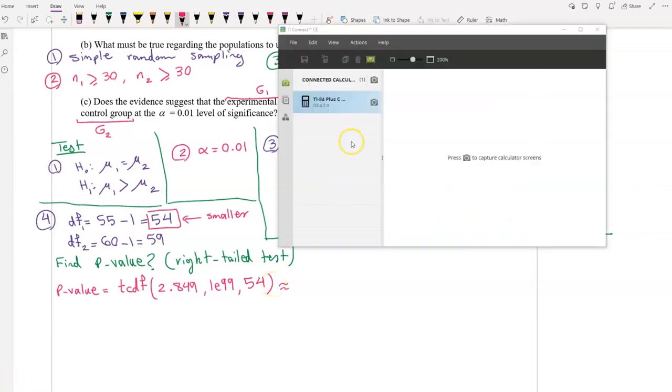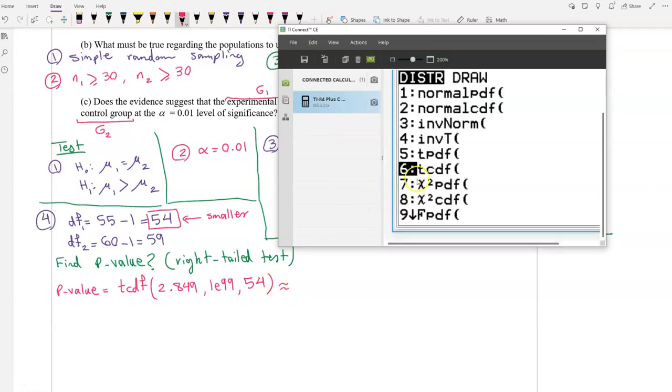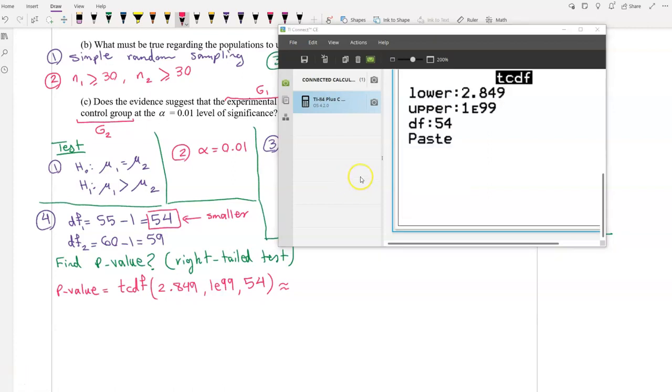So I use second, vars. This function tcdf, enter. And enter lower, upper. For lower we have our t is 2.849 and upper is 1 exponent 99 and degree of freedom is 54.